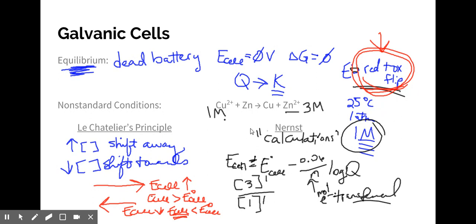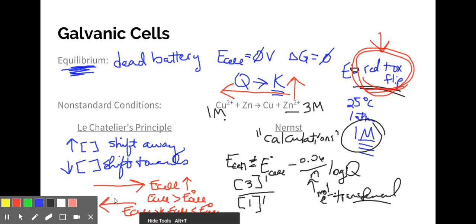Okay, so let's go through this example problem to figure out what's going to happen to our E cell using Le Chatelier's principle. We have increased this 3 molar from 1 molar. We are increasing from standard conditions. So if I increase that, I'm going to cause a shift away, and my shift away from that increase is going towards my reactants.